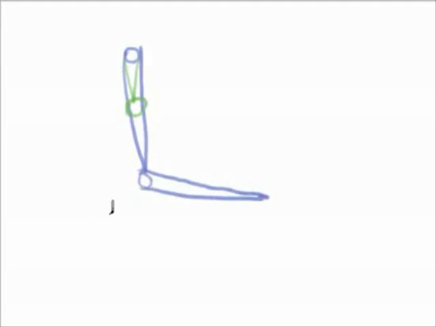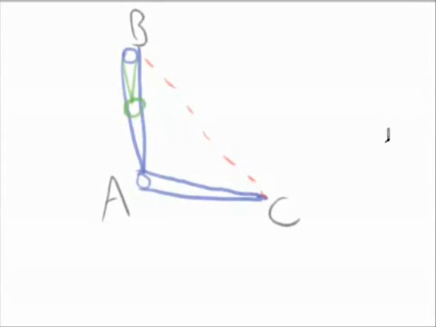Now, if we were to label these points as A, B, C, then we almost have something similar to a triangle. Yes, I said triangle. Try not to hurt your head too much here, because we're going to go into some math. So you can already see where I'm probably going with this.